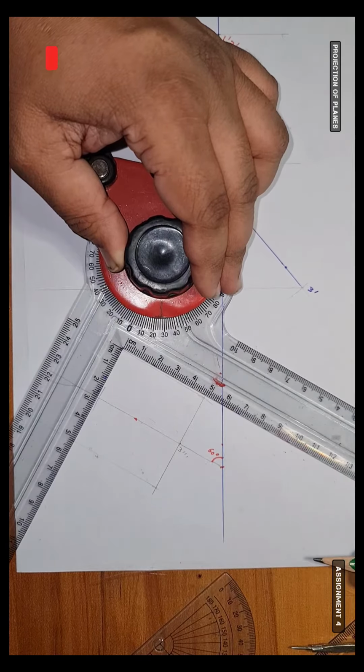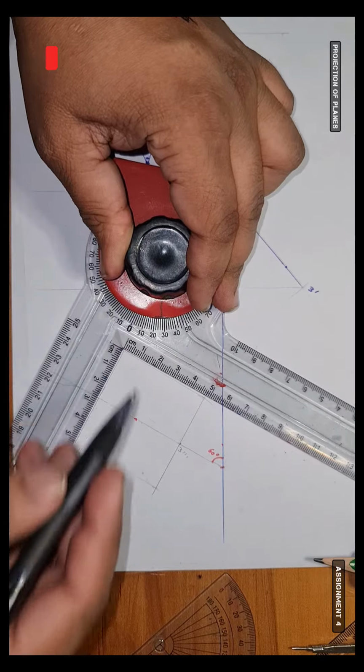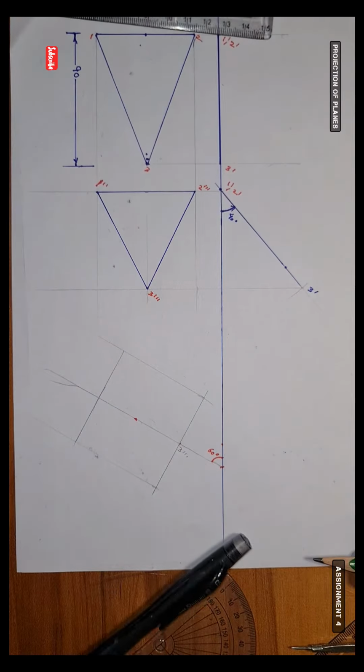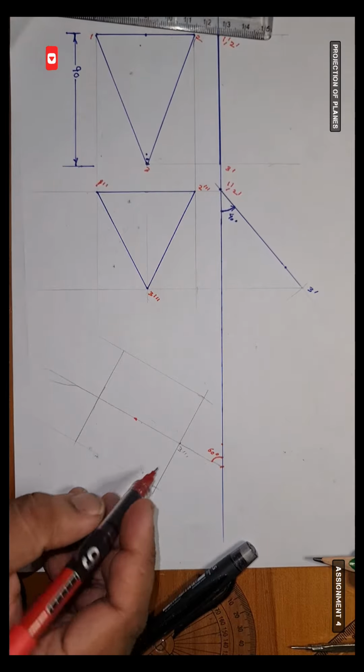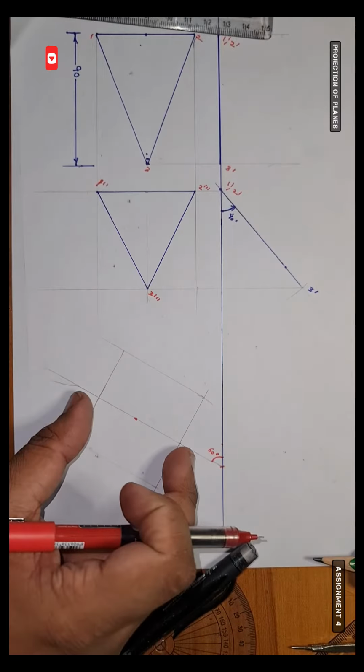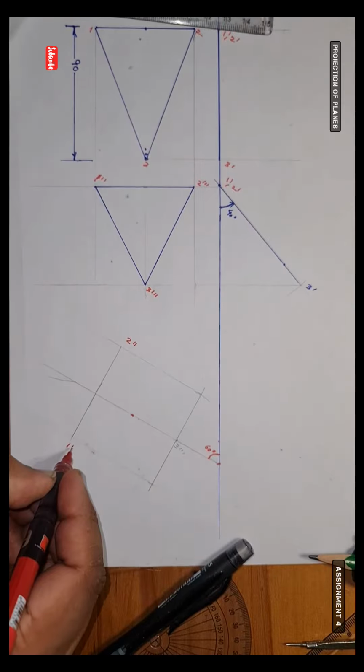You cannot do these assignments without knowing the drafter, so you must know how to use the drafter. So we had marked this distance over here, and we will get these points 2 double dash and 1 double dash.